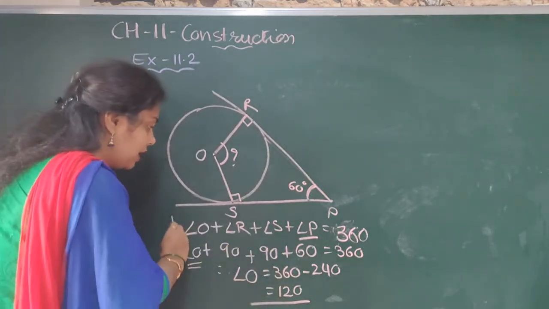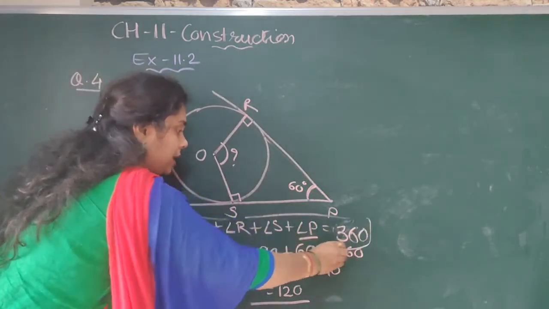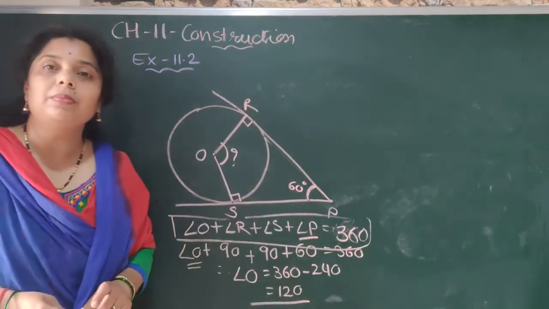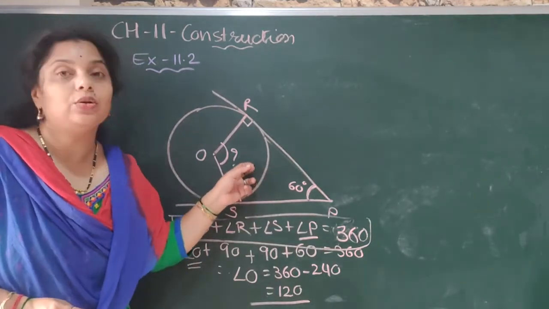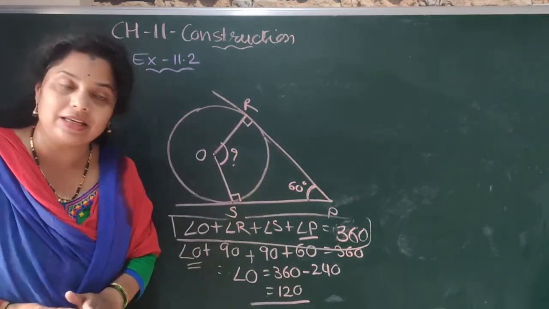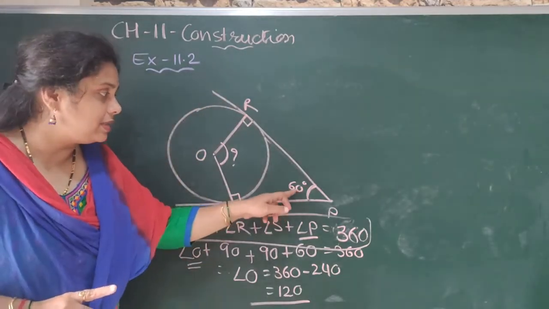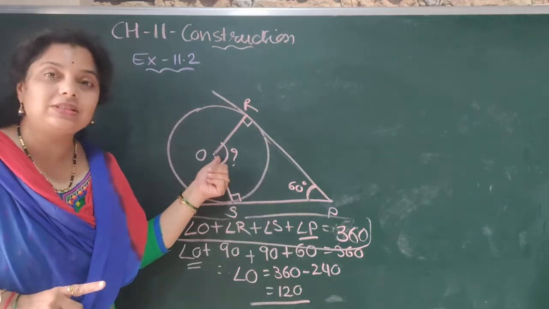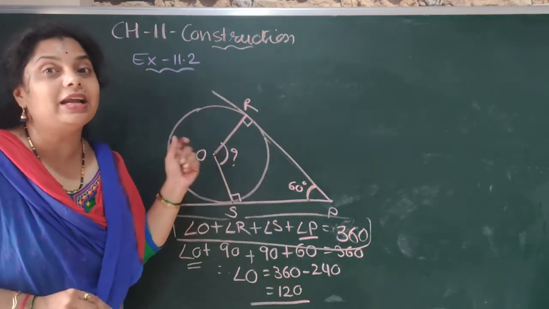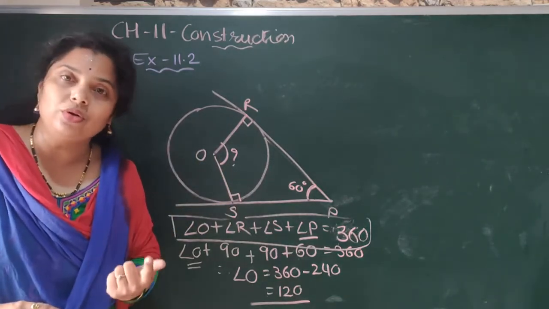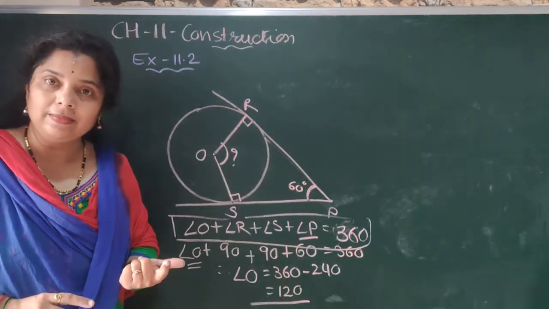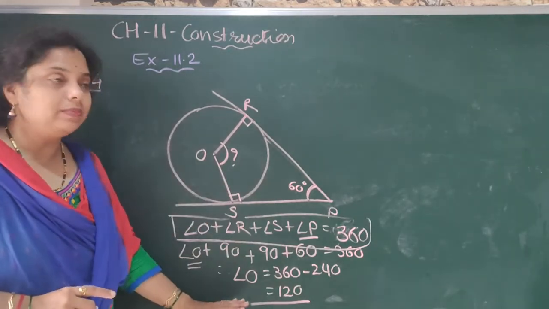But the main concept is this: the sum of angles in a quadrilateral is 360 and these two are 90 degrees. As this angle changes, the angle at the center will also change. Is it clear? Okay, like this we can do it.